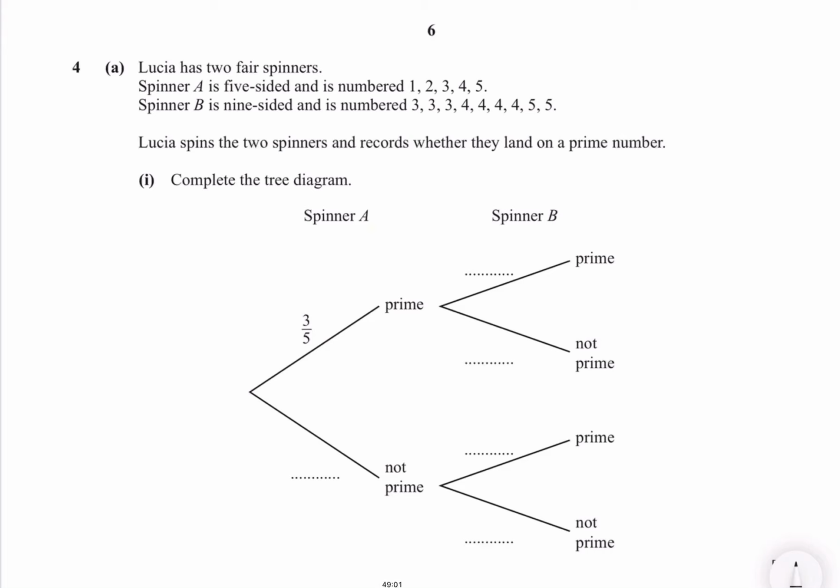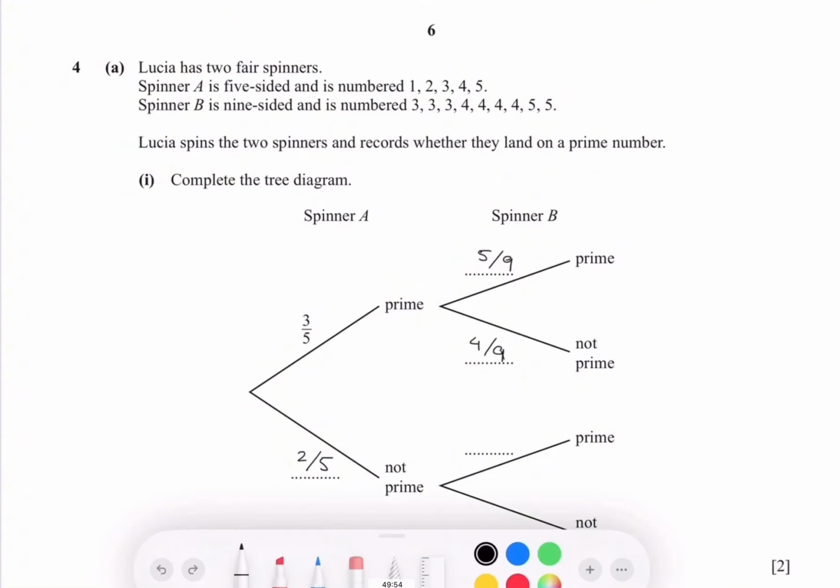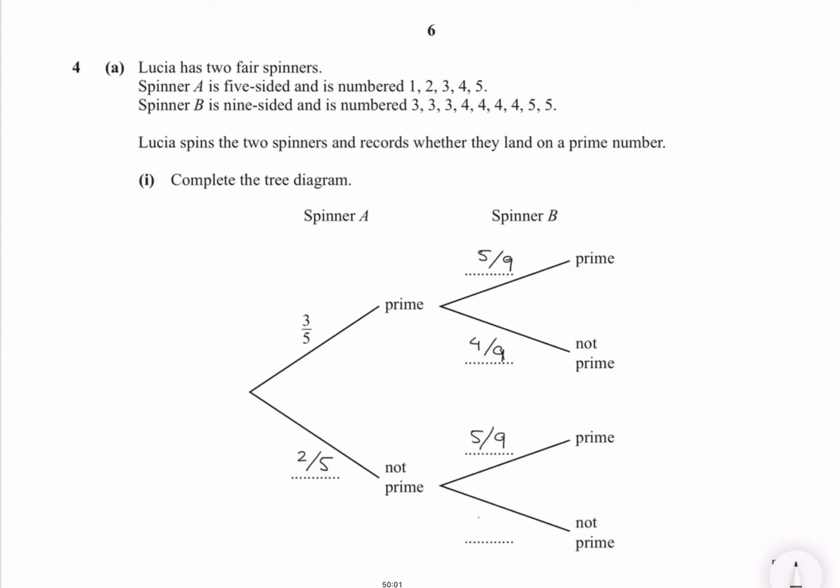So 3/5, then comes 5/9, then not prime 1 minus 5/9. Spinner A not prime is 1 minus 3/5, that is 2/5, and from 2/5 it goes 5/9. The prime not prime is 4/9.